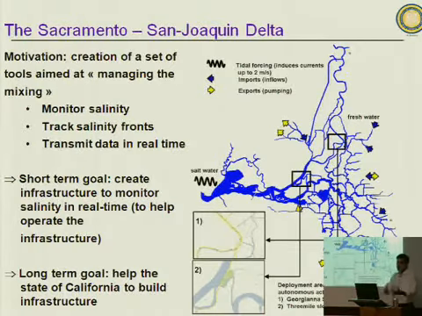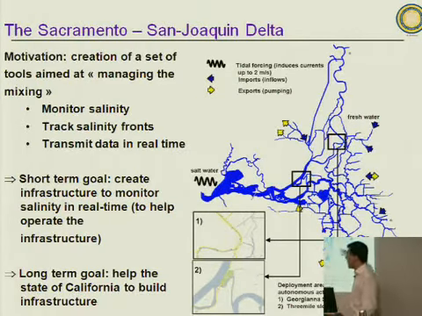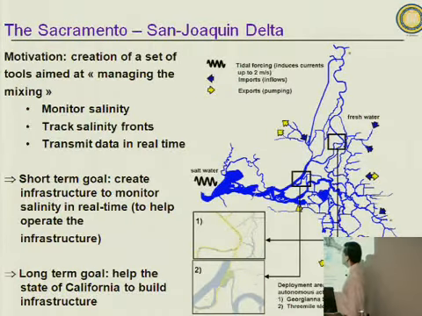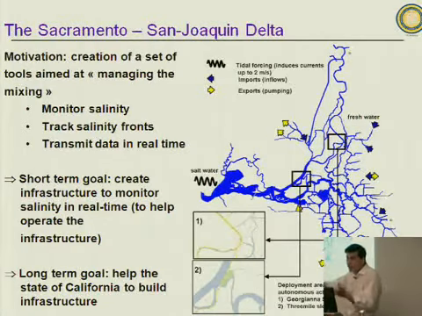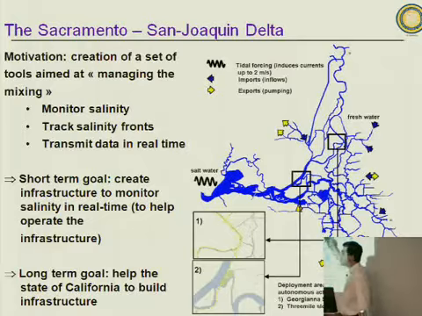And again, going back to the introduction of Steve, I think the infrastructure aspect of both projects is clear here, because what we're trying to derive here is a set of floating sensors that will help build infrastructure and eventually be integrated in that infrastructure to help with the monitoring of the delta.